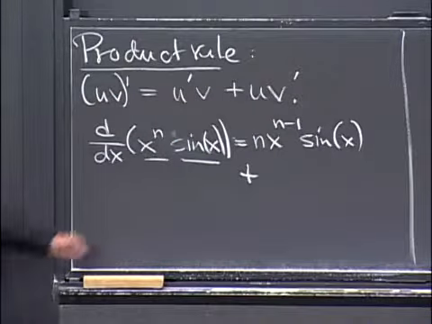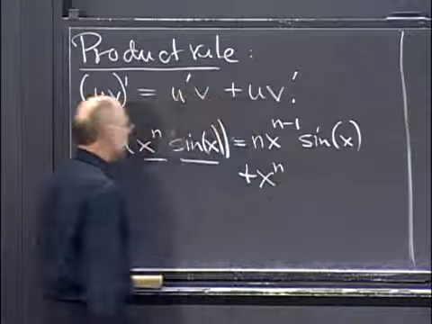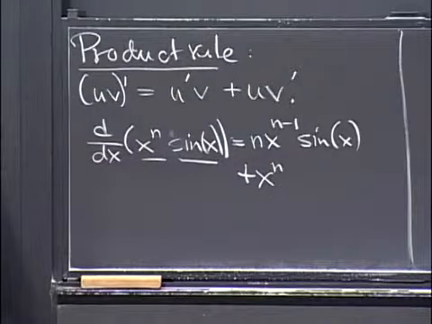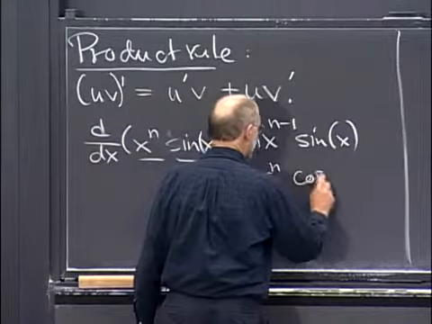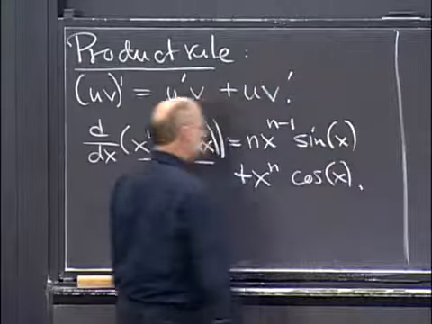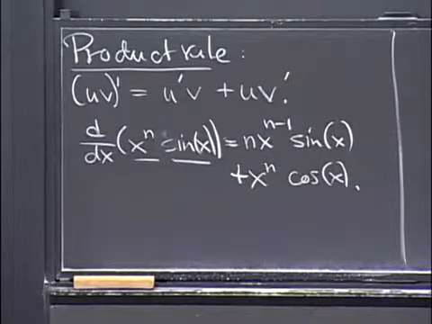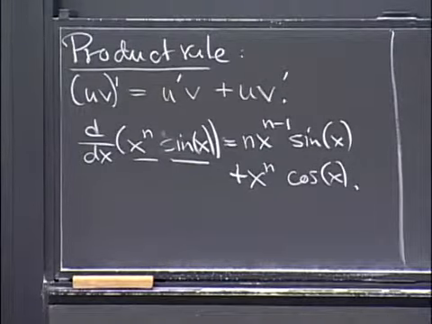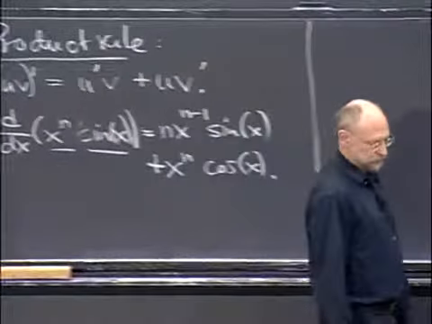And then I do it the other way. I take u the way it is, that's x to the n, and multiply it by the derivative of v, v prime. We just saw v prime is cosine of x. So that's it. Obviously, you can differentiate longer products of more things, by doing it one at a time.